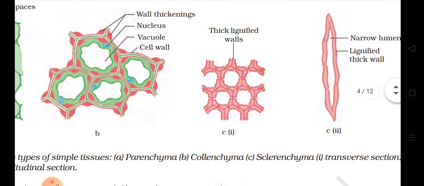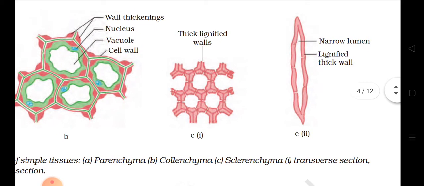And the next diagram is the sclerenchyma. In sclerenchyma, we can see two sections. One is the transverse, another one is longitudinal.